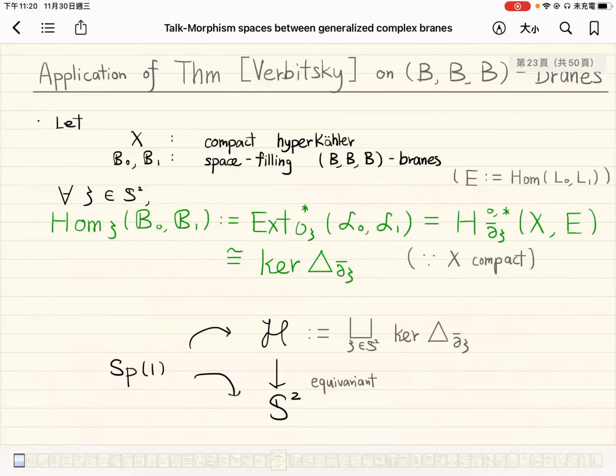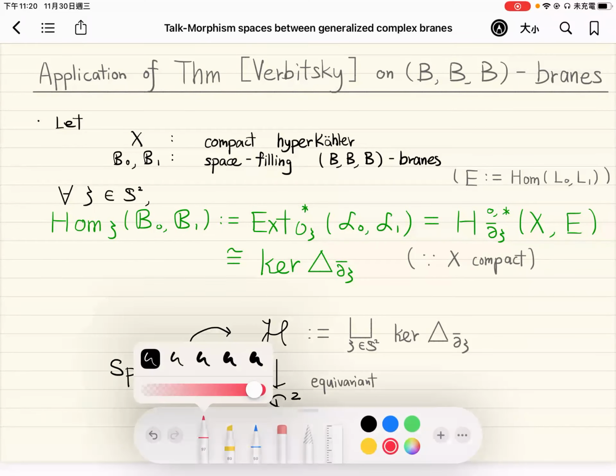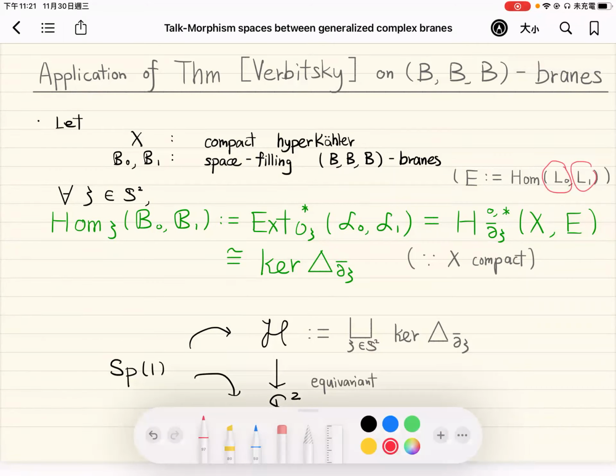As I said, the theorem of Verbitsky also has an application to other hyperkähler rings, which are BBB rings. Because if we take BBB rings, they really give rise to hyperholomorphic bundles L1 and L2, and if you take the Hom between them, then E is also hyperholomorphic.